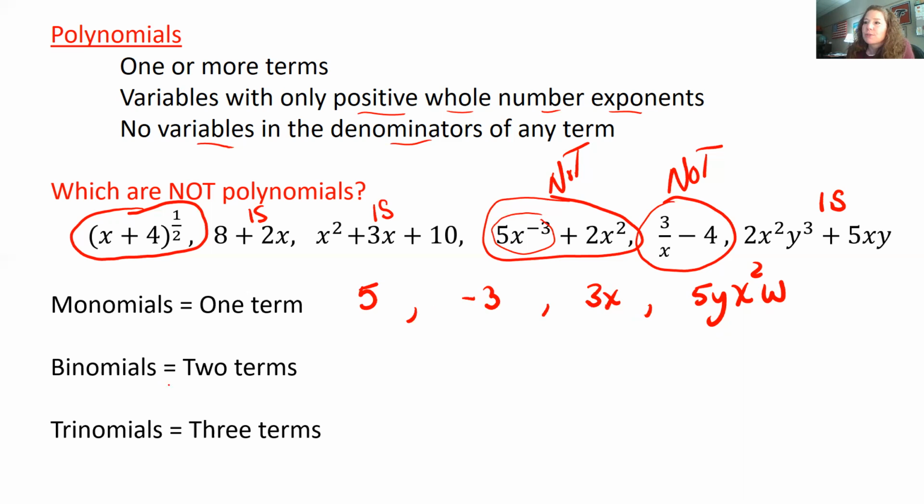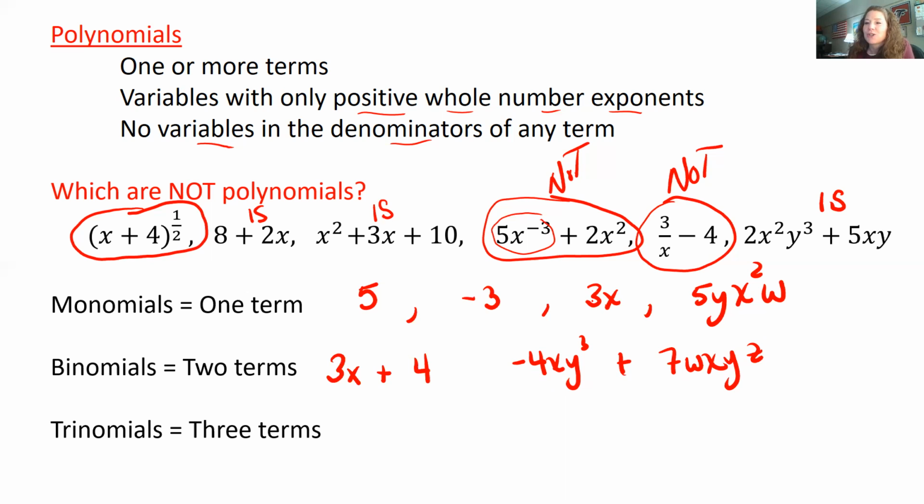Now binomials have exactly 2 terms. So we could have 3x plus 4. That's 2 terms. I could have -4xy to the third plus 7wxyz. That's only 2 terms because there's one plus symbol. So that's a binomial. Of course, you guys get it.